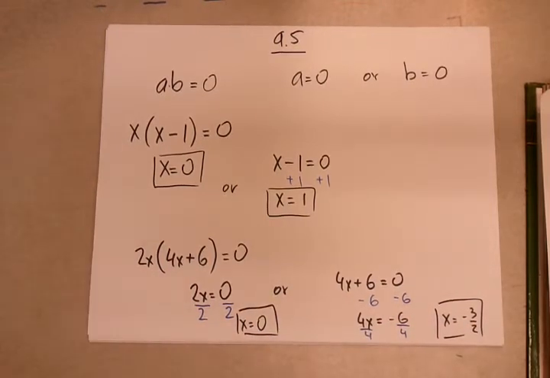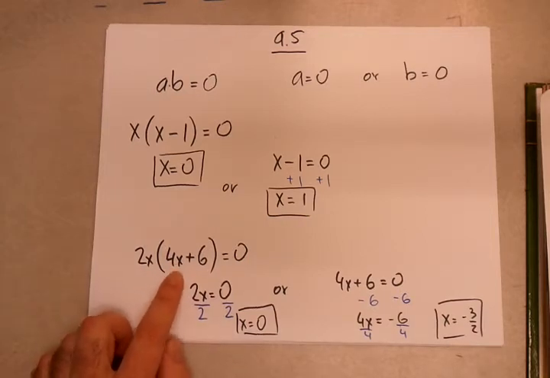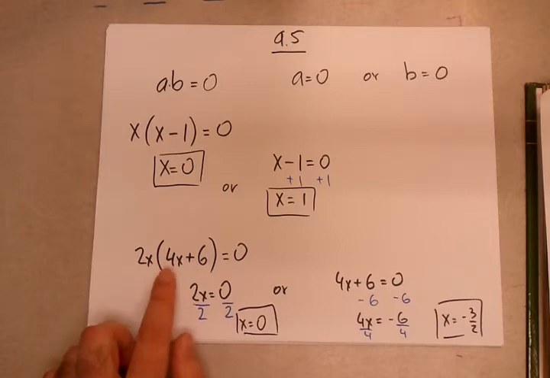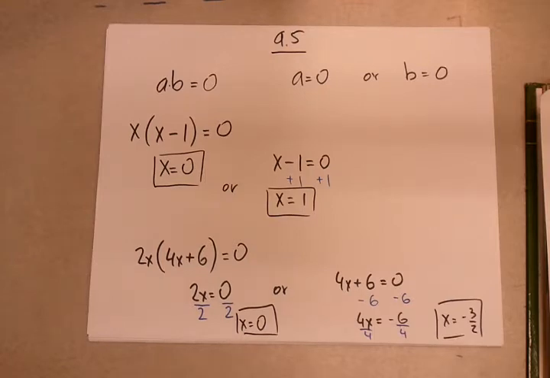So x either has to be 0, which if plugged in here would make this entire statement 0, or x has to be negative 3 over 2, which when plugged in over here will make this statement 0, because 4 times negative 3 over 2 makes negative 6. Negative 6 plus 6 is 0.